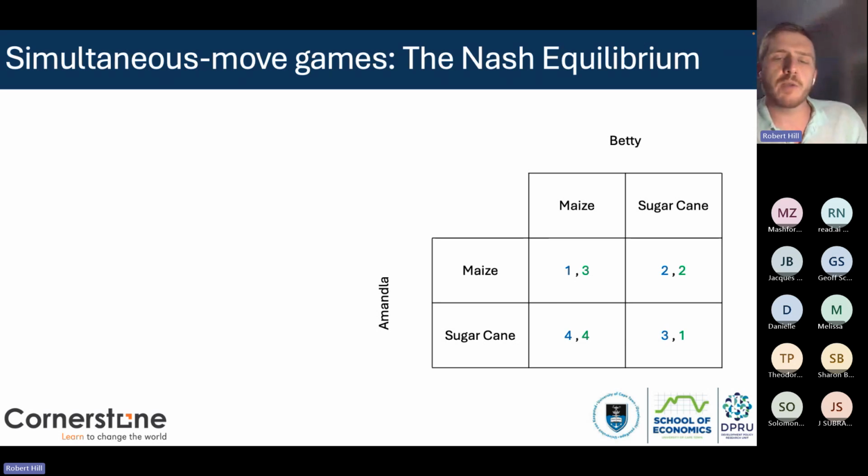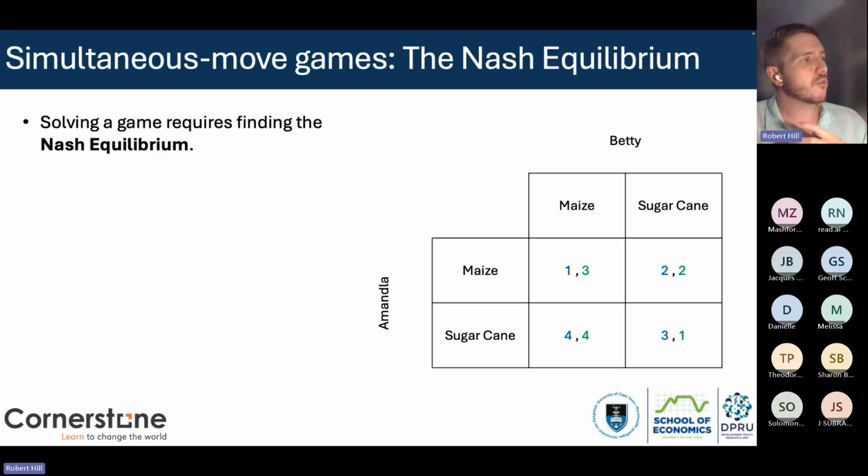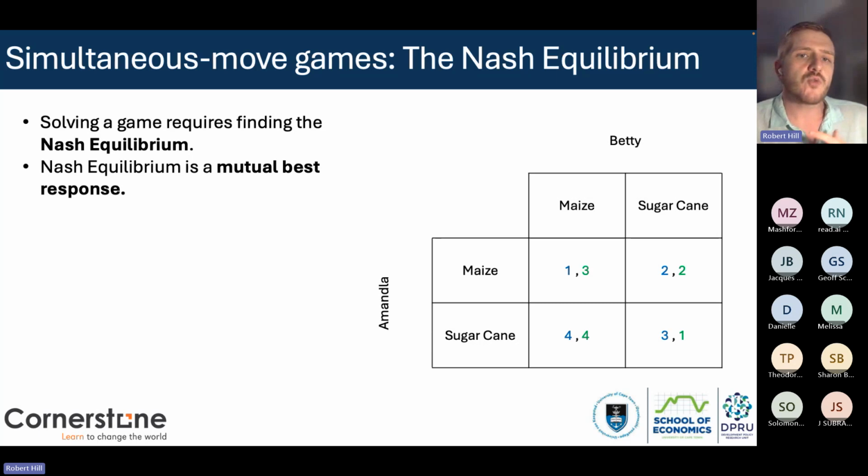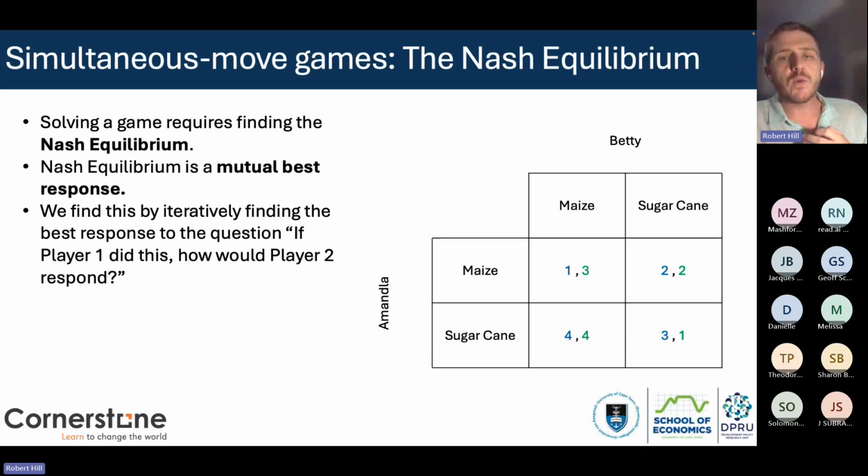But the Nash equilibrium is this notion of how games sort of get resolved. So if we solve a game, it requires finding the Nash equilibrium, which is really just two players mutually having a best response to one another's actions. And we find it by iteratively asking the question, if a player does this thing, how does the other player best respond?